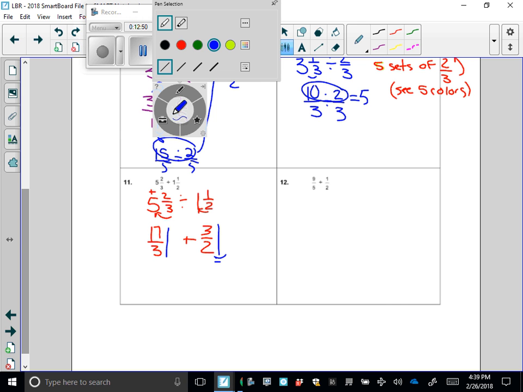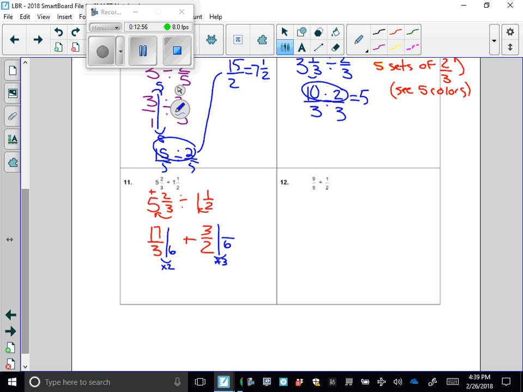I'm going to times by 3 here to get a denominator of 6. Times by 2 here to get a denominator of 6. So I'm really doing 34/6 divided by 9/6.